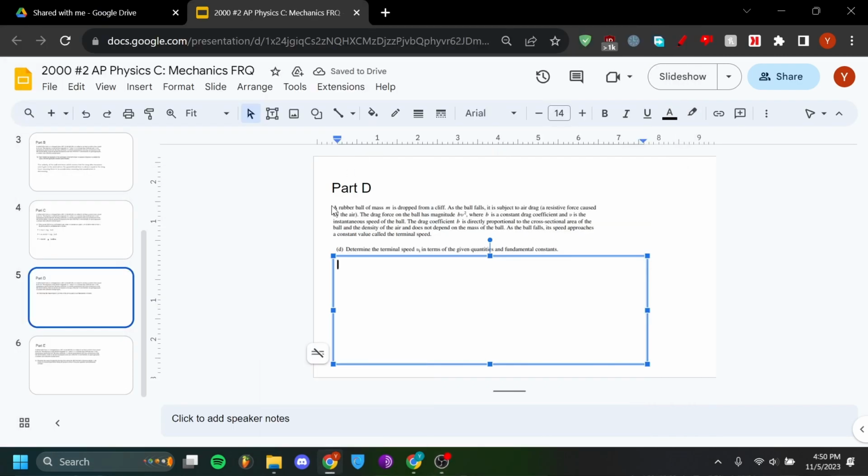Alright, so part D. Determine the terminal speed Vt in terms of the given quantities and fundamental constants. In these types of problems where you have to find the terminal speed or anything related to terminal velocity, what you want to first do is draw a free body diagram, which we did in part A. Force drag is going up, force gravity is going down, and force drag is negative because it's a resistance force.